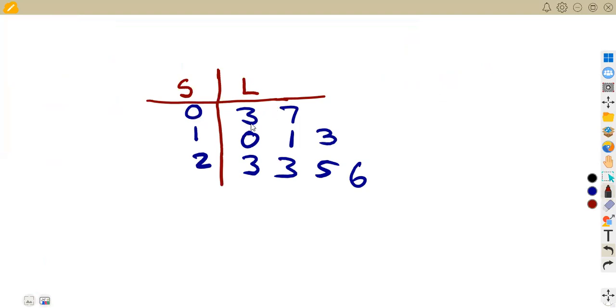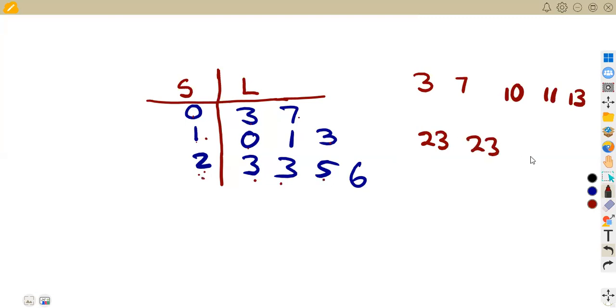Like I said, this is 03, so it means I have a 3. 07, I have a 7. 1 and 0, it means this is a 10. 1 and 1, it means I've got 11. 1 and 3, it means I've got 13. 2 and 3, it means I've got 23. 2 and 3, it means I've got 23.